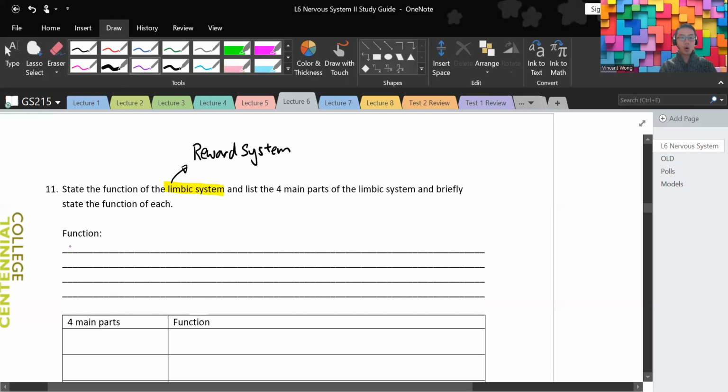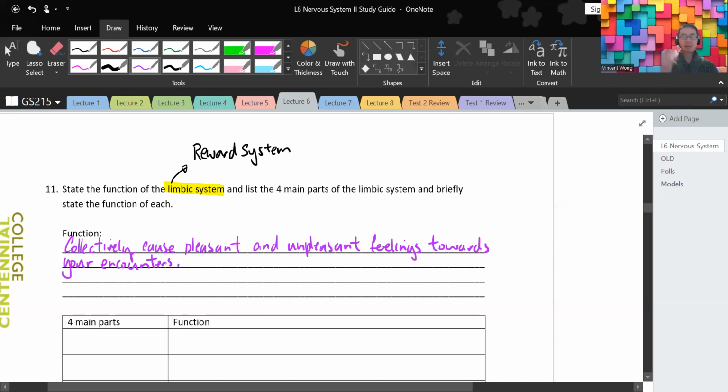So collectively, all the parts of the limbic system collectively cause pleasant, things that feel good, and unpleasant feelings towards your encounters. Okay?